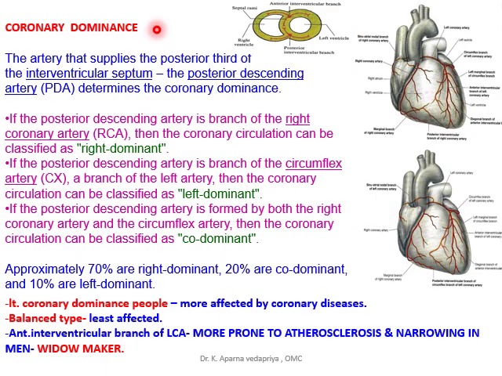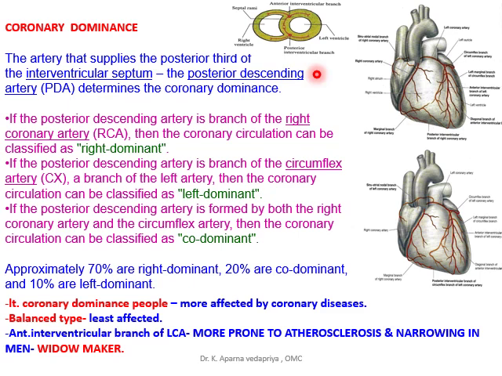So coming to coronary dominance, the artery that supplies the posterior 1/3 of the interventricular septum, the posterior interventricular artery, or clinically the posterior descending artery, will determine the coronary dominance.